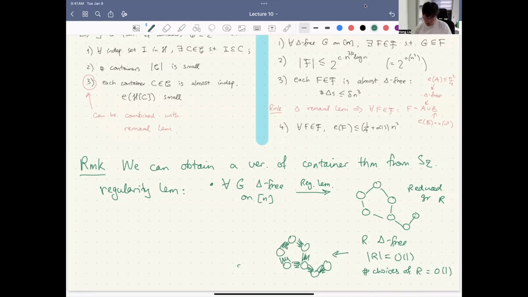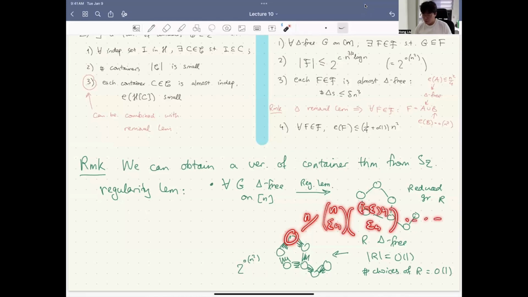The number of partitions is definitely 2 to the little o of n squared, probably 2 to the big O of n, because you just choose vertex sets. So you choose some epsilon n, then from the remaining choose some epsilon n and just multiply. And the number of terms here is just constant. You partition the vertices into a number of parts, which is the number of vertices in R. Which is definitely this. I'm being very generous.